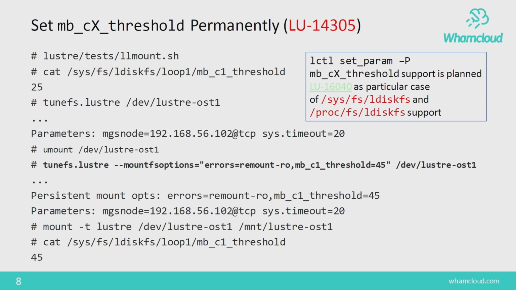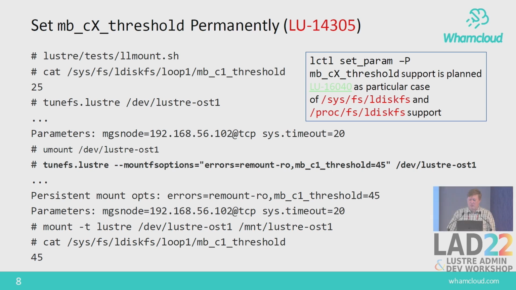And so one of the problems that we found was that this is great for testing, but there isn't a persistent way to set it. I mean, we added a mount option, but there isn't a tunable parameter, and we would like to use the normal lctl set_param and set_param -p to be able to tune that.